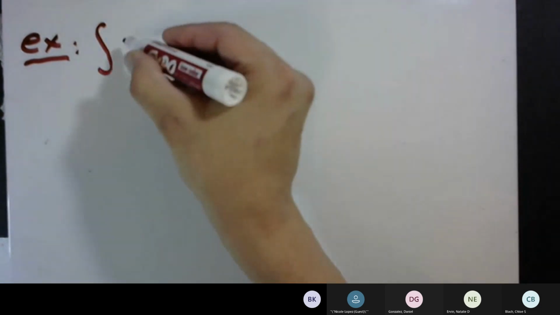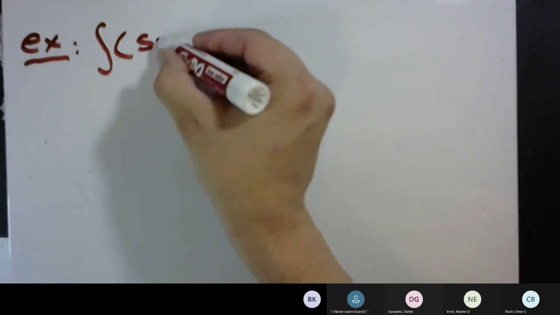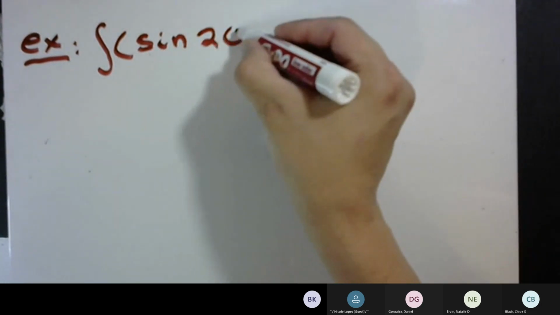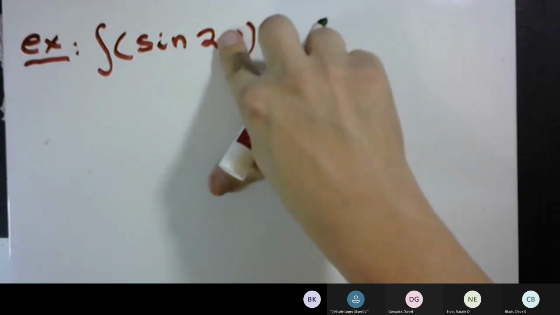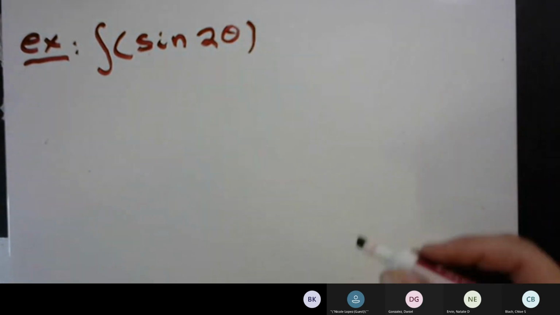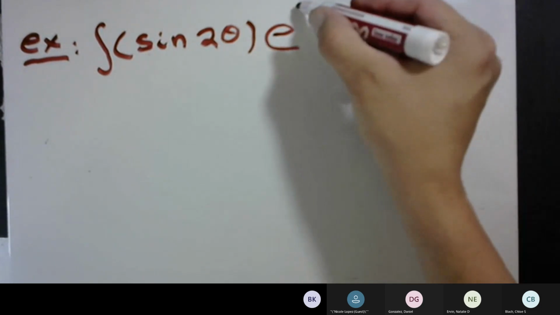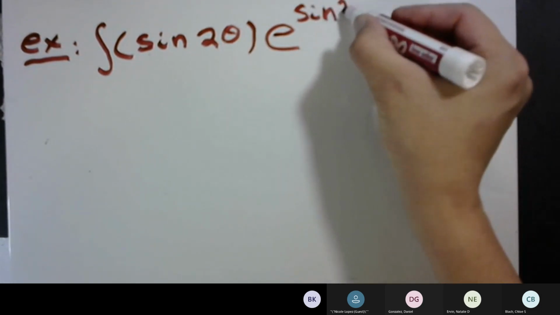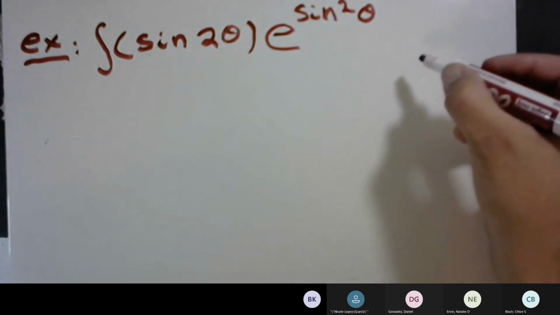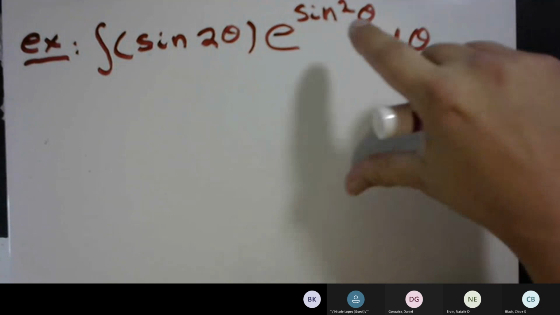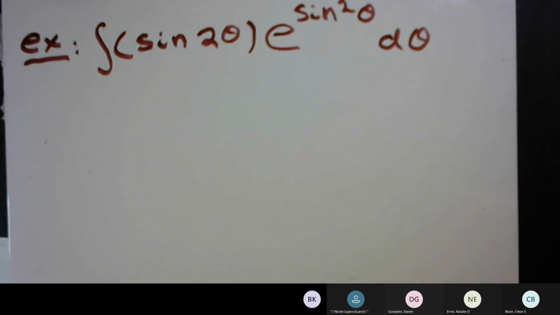So the integral of the sine of 2 theta e to the sine squared of theta d theta. And this is a sine square. It's not a sine 2 theta, but a sine square.